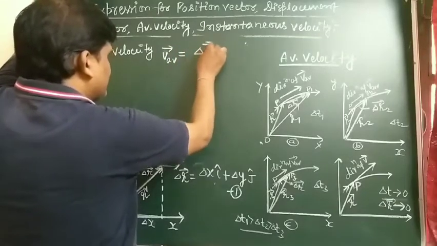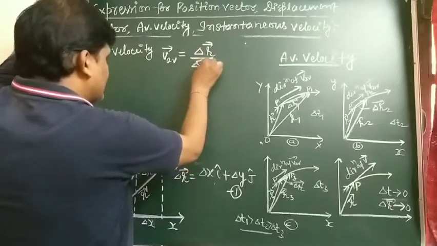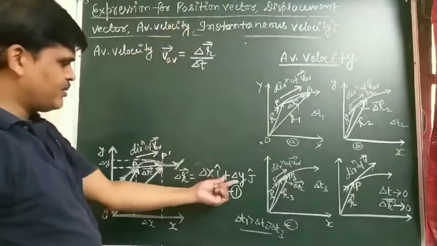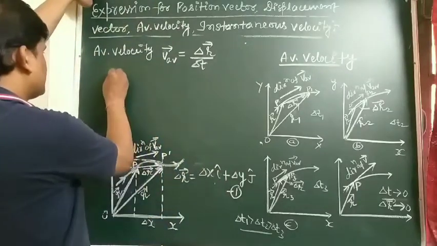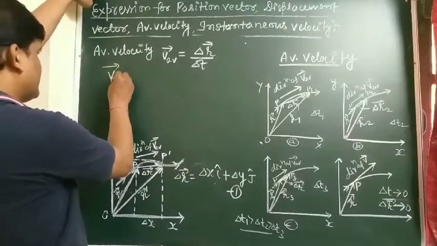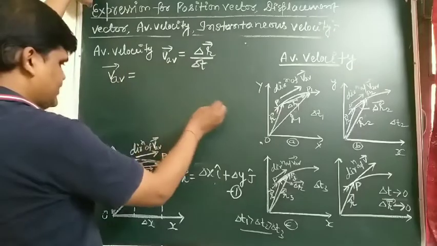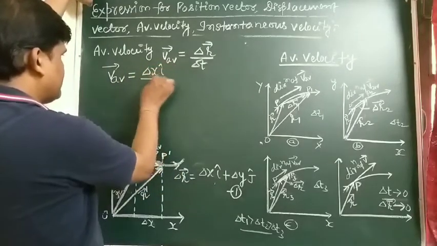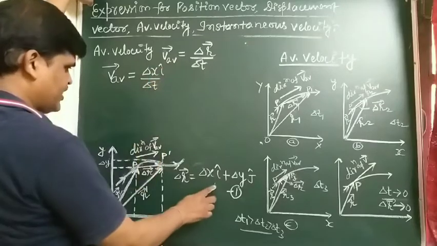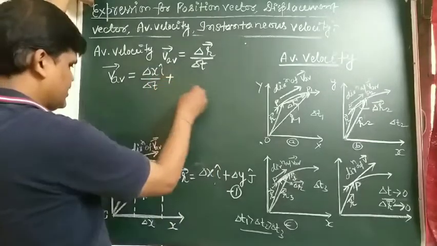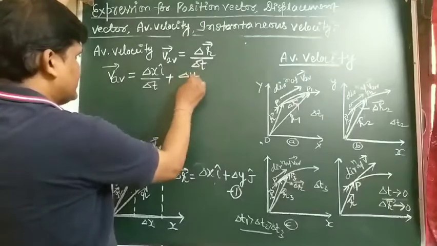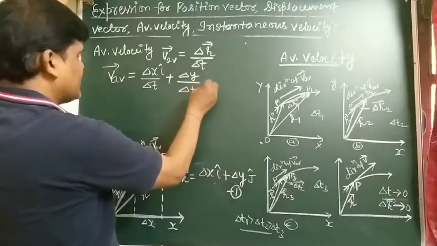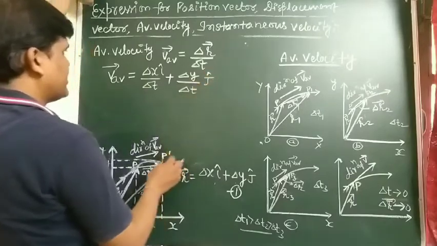And student, delta r is delta x i cap plus delta y j cap. So the average velocity of an object can be written as delta x by delta t i cap plus delta y by delta t j cap.